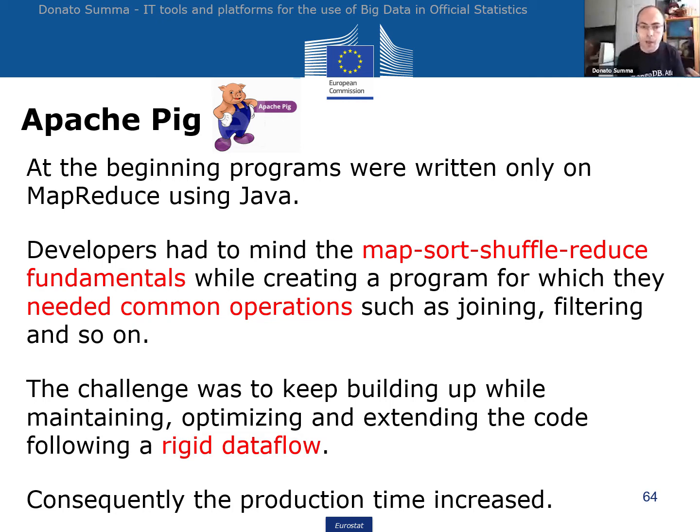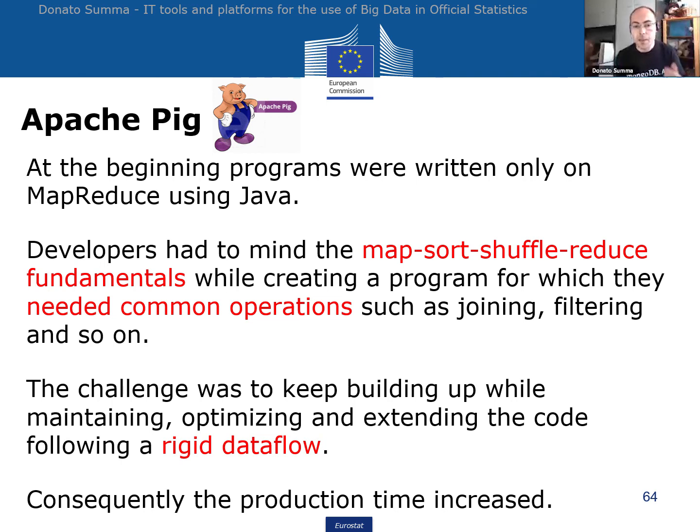So developers had to mind the map, sort, shuffle, and reduce fundamentals while creating a program for which they needed common operations such as joining, filtering, and so on. So basically, they had to find out a way to implement joining operations, filtering operations in a MapReduce fashion.